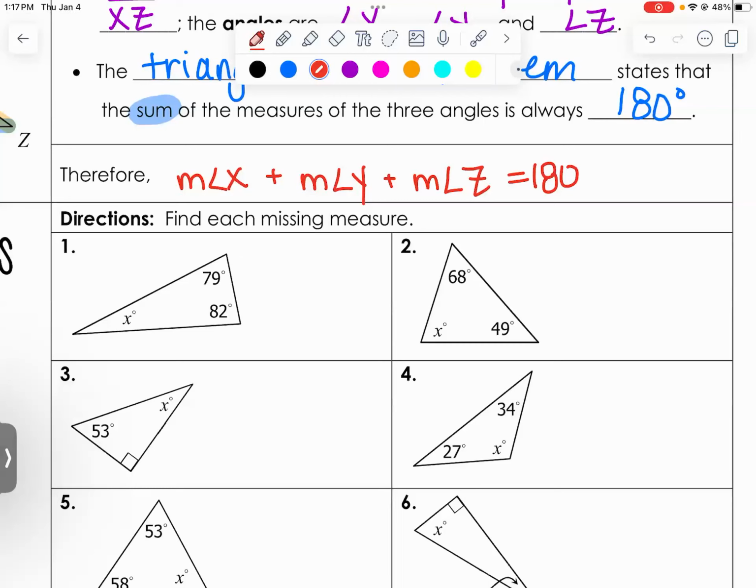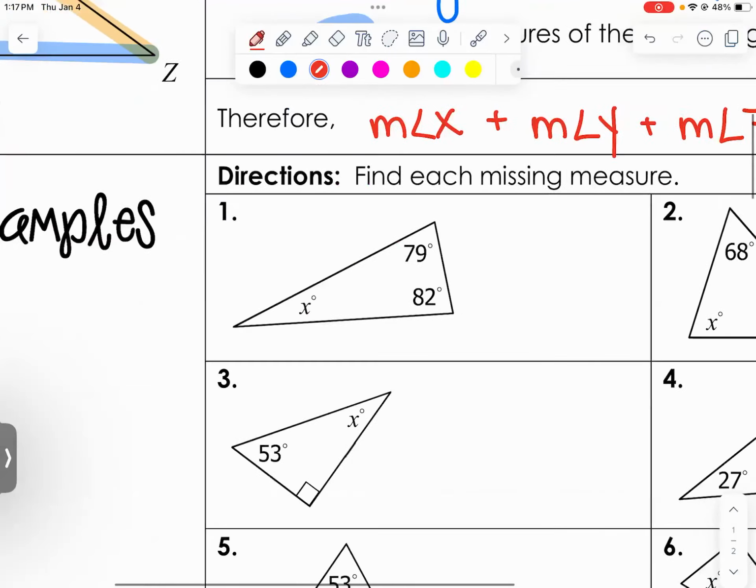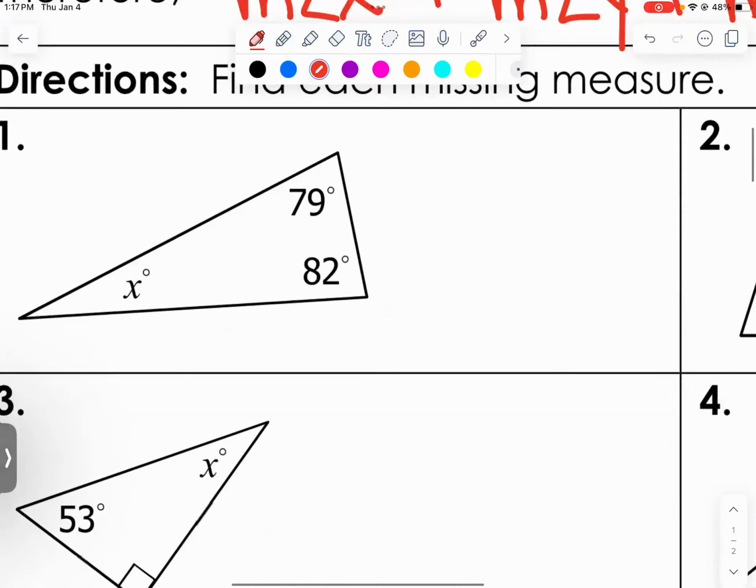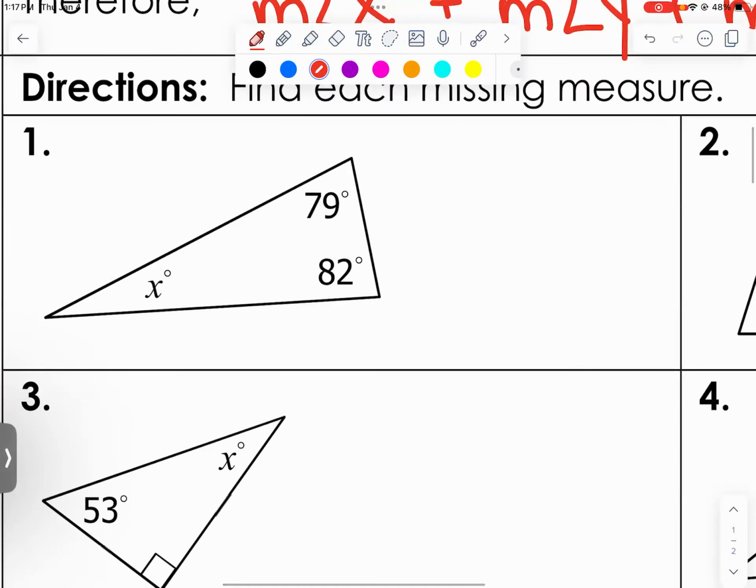All right, so let's look at triangle number 1. What can you tell me about this triangle? Somebody besides Tatum. Wes. It has two really long sides.